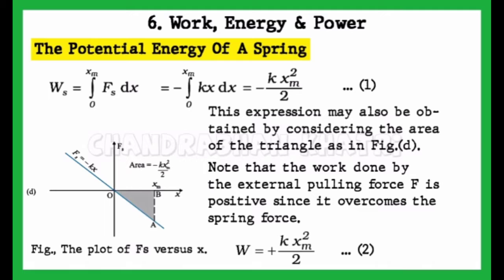This expression may also be obtained by considering the area of the triangle as in figure D. Note that the work done by the external pulling force capital F is positive. Since it overcomes the spring force, W equals plus kxm square upon 2. This is equation number 2.